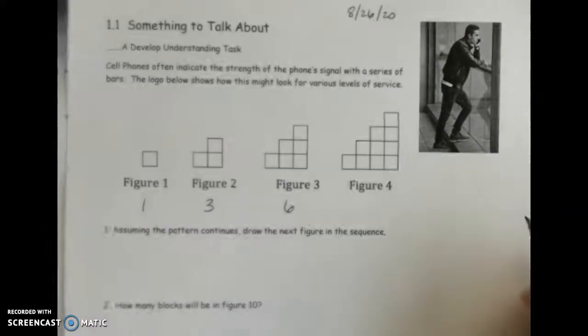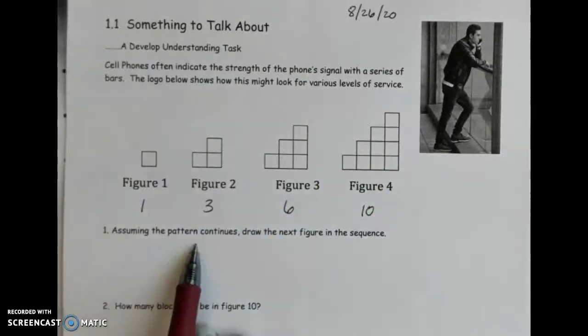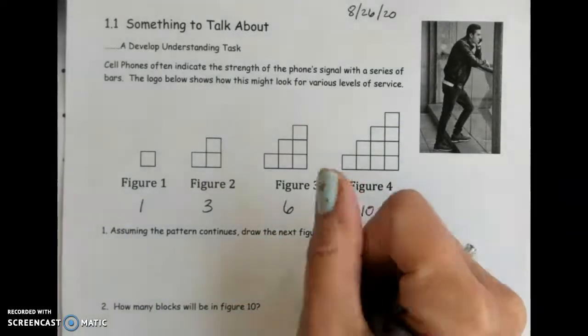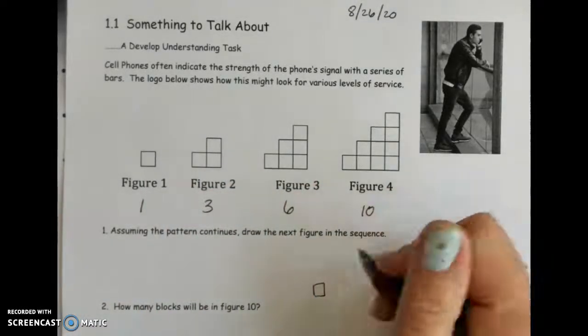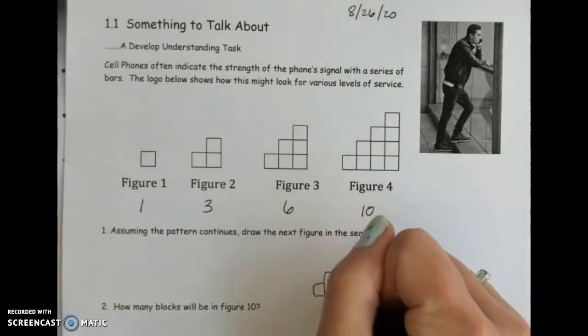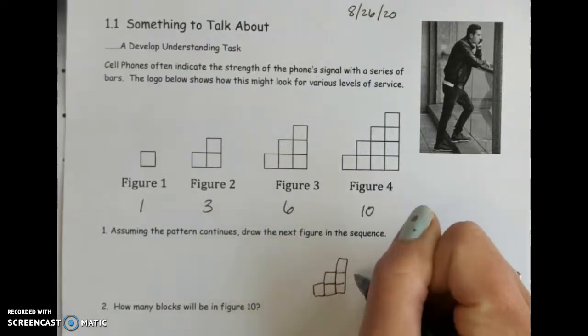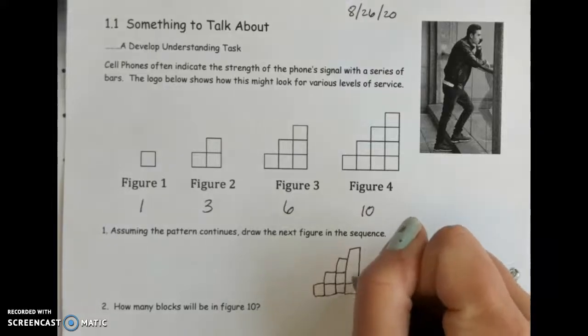And figure 4 has 10 bars. Assuming the pattern continues, draw the next figure in the sequence. So you want to have a figure that looks the same in terms of ascending order. So then there's 2, then there was 3, then there was 4, then there was 5.